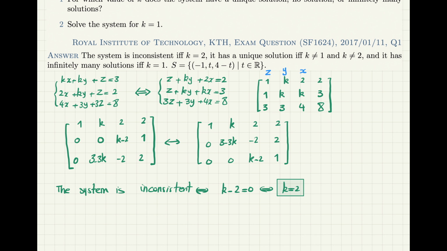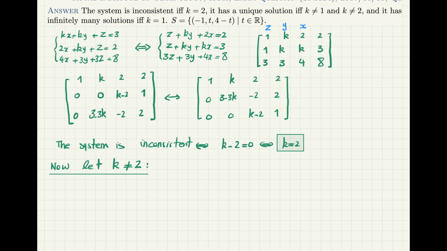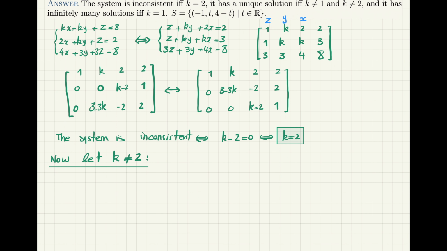Now, assume that the system is consistent. So now, let k be not equal to 2. Every discussion coming now is based on the fact that k is not equal to 2, because if k is equal to 2, the system is inconsistent. So with k not equal to 2, I want to go for a unique solution.